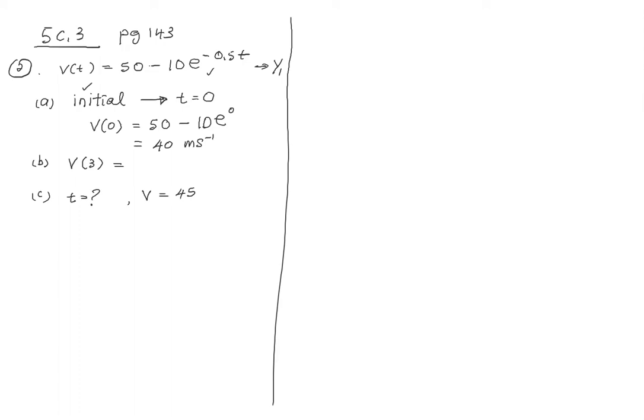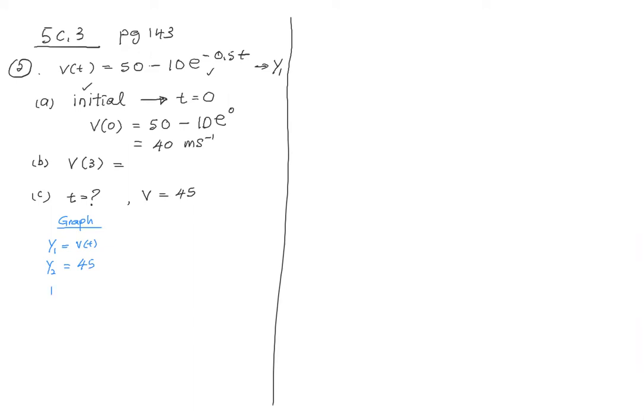So this is an exponential. If I'm not good at exponential, what can I do? I can sketch this graph. There are a few ways. You can go by graph. You key in your Y1 as the velocity function. You key in your Y2 as 45. So what you need to do? You just do a zoom standard.